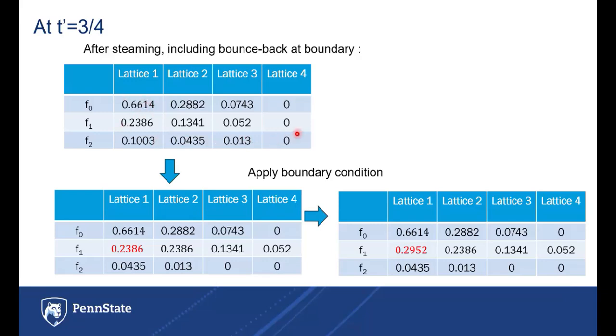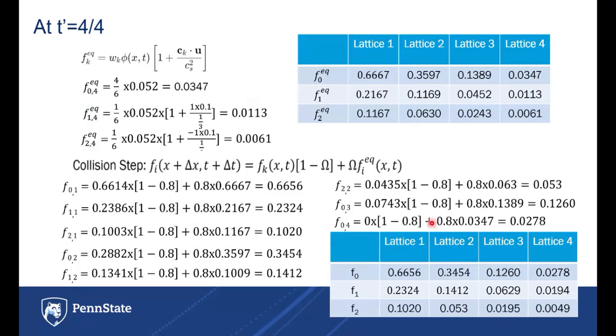That one is also like a repetition. What is different is that we need to apply the boundary condition to recalculate the lattice 1 f1, and then we came to the last time step.